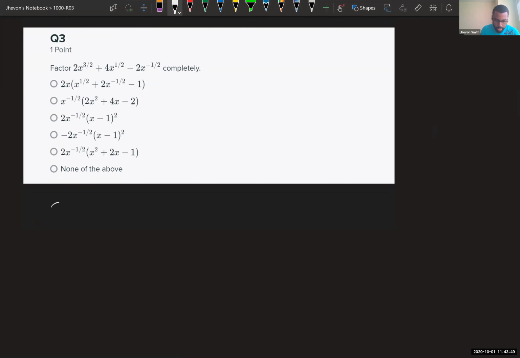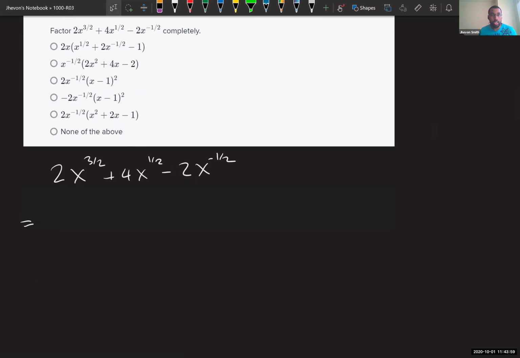So here we have 2x to the 3 over 2 plus 4x to the 1 over 2 minus 2x to the minus 1/2. Right, what did you say? GCF? Yeah, extract 2x to the minus 1/2, which is the GCF, which we learned how to do from the last problem.